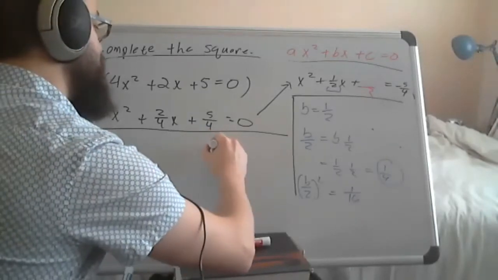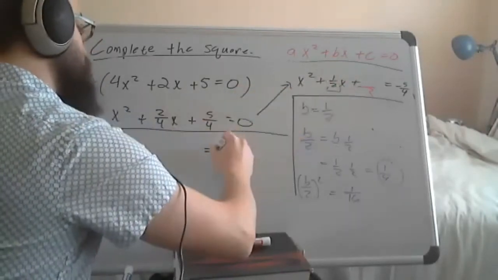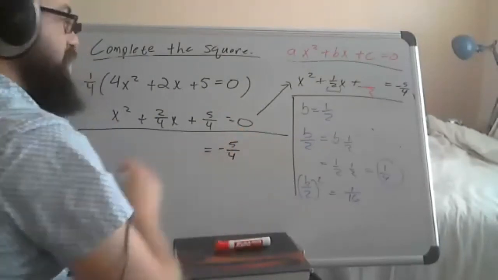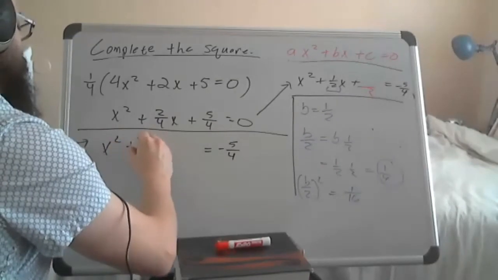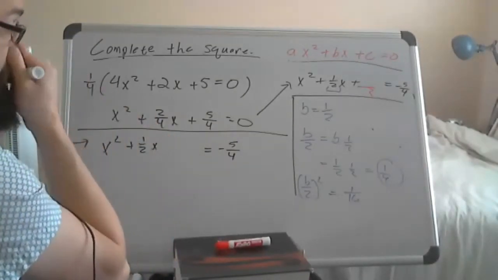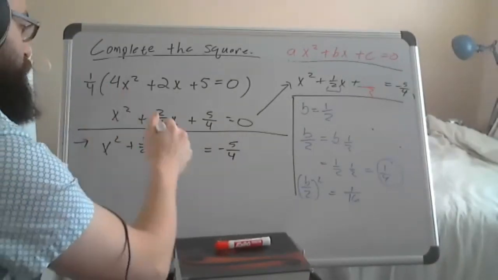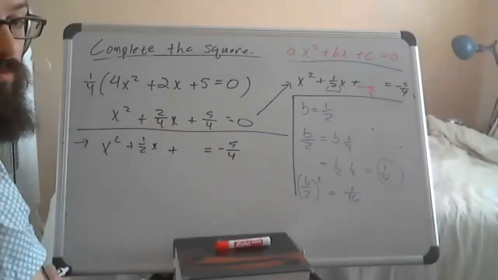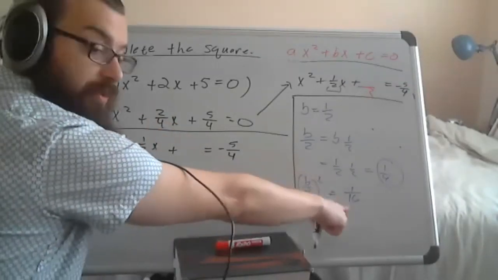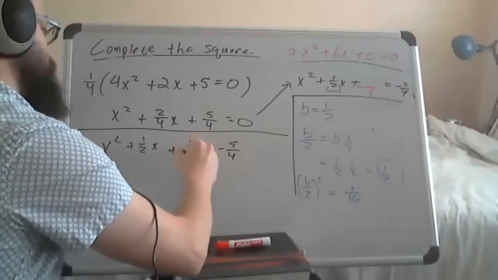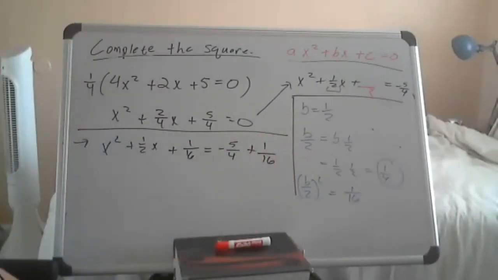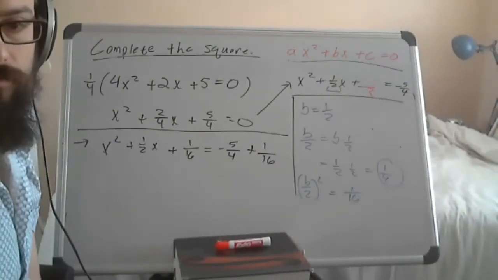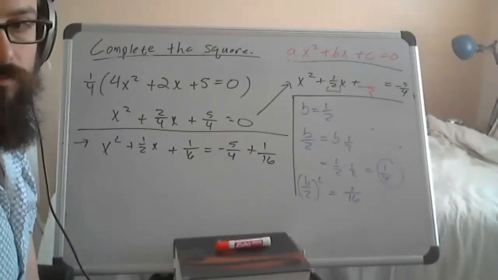We have that this whole thing equals -5/4 x squared plus 1/2 x plus b over 2 squared. 1/16 on this side, and to even it out, 1/16 on this side.